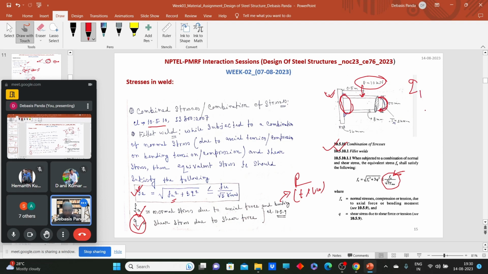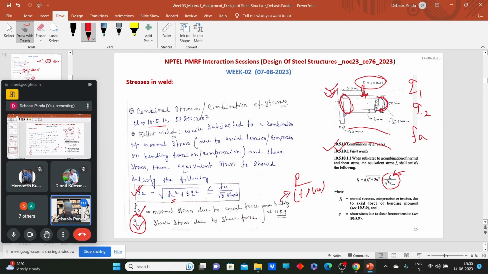Due to this twisting moment, another shear stress will develop, and due to this load, this pipe section will bend, and due to bending, one normal stress will be generated. So when we deal with this kind of welded joint, we need to consider the equivalent stress which is produced from the normal stresses and the shear stresses. We will solve some problems regarding these stresses.